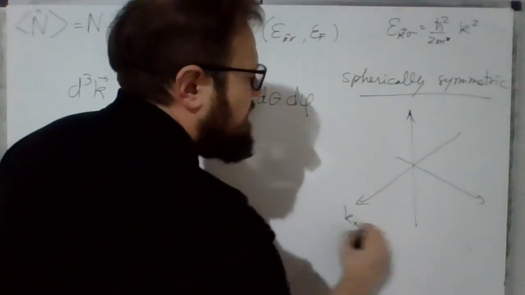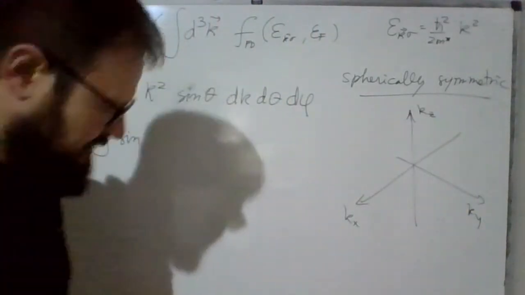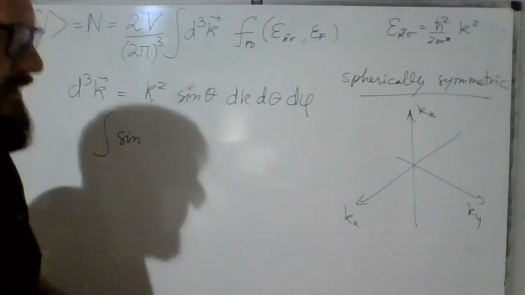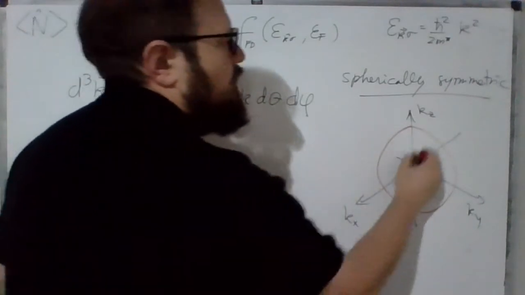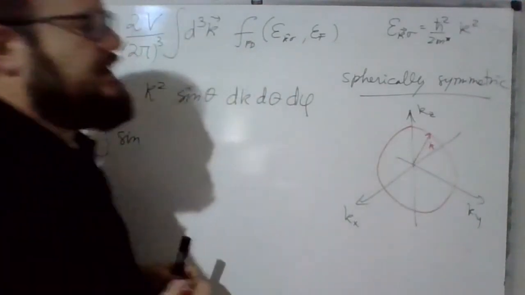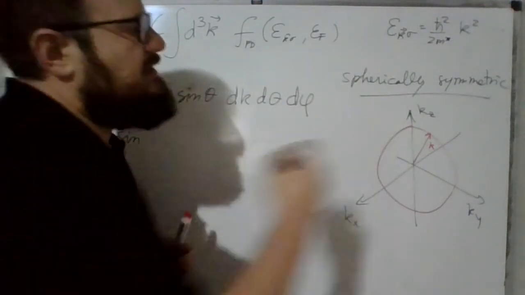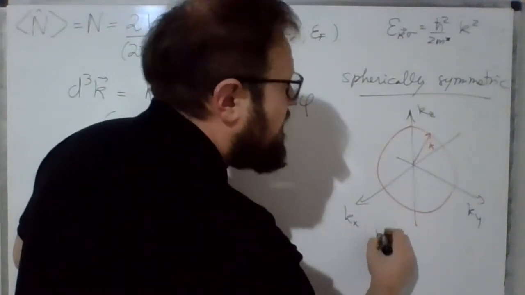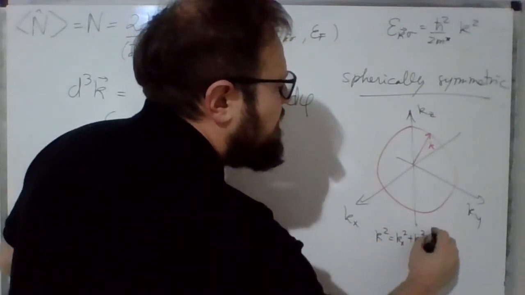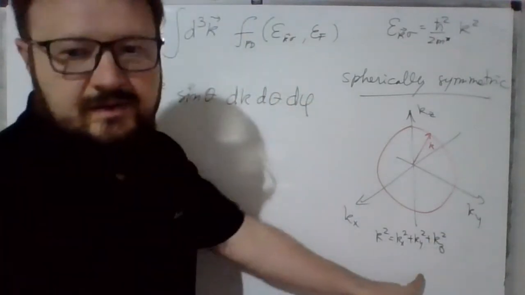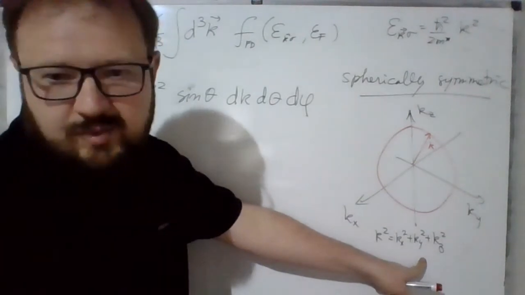So kx, ky, kz for a given energy. That function is just a sphere with radius k. Okay, and for a given energy, the radius of the sphere. Just remember, k squared is kx squared plus ky squared plus kz squared. These are the three components of the wave vector or the momentum in proper units.